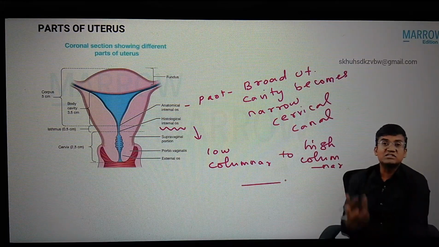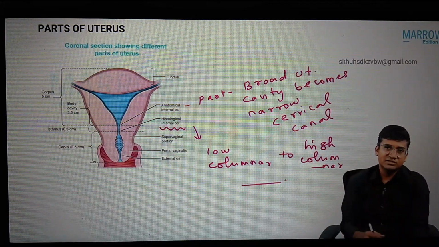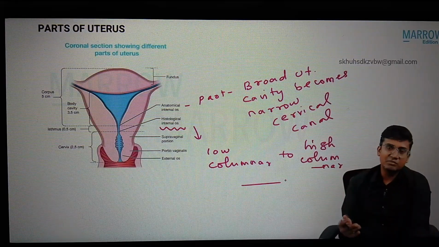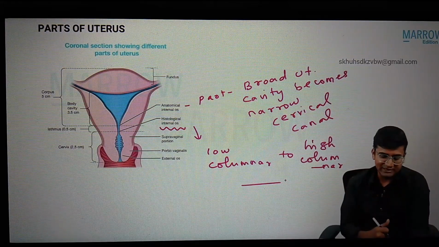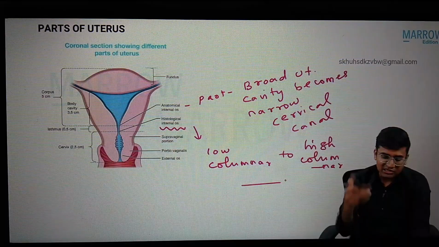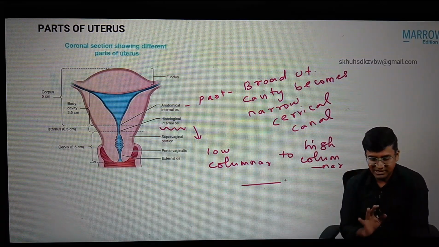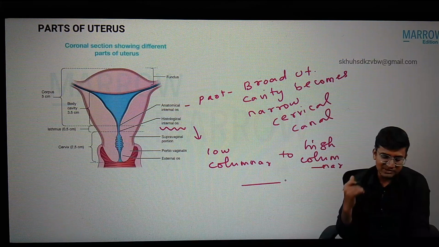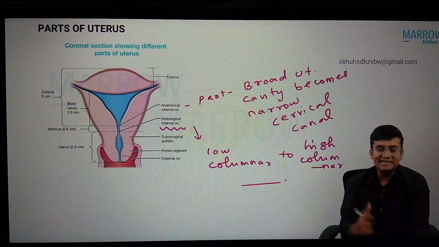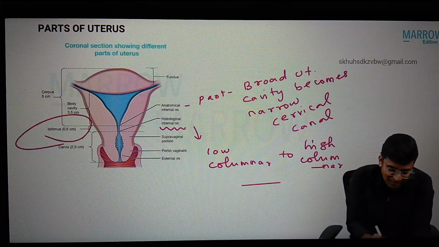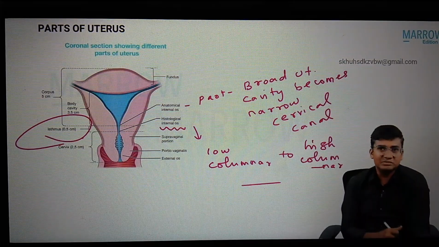That part is called the histological internal os. The epithelium is changing. In the cervix, it is simple columnar only, but high columnar. So the histological internal os is present below the anatomical internal os. Clear? So now the isthmus of the uterus is present between the anatomical internal os and the histological internal os. Measurement is roughly around 0.5 centimeter.